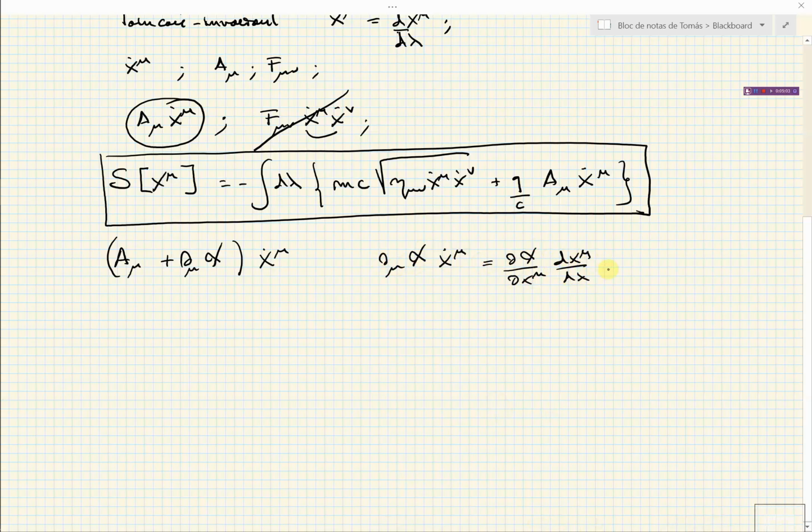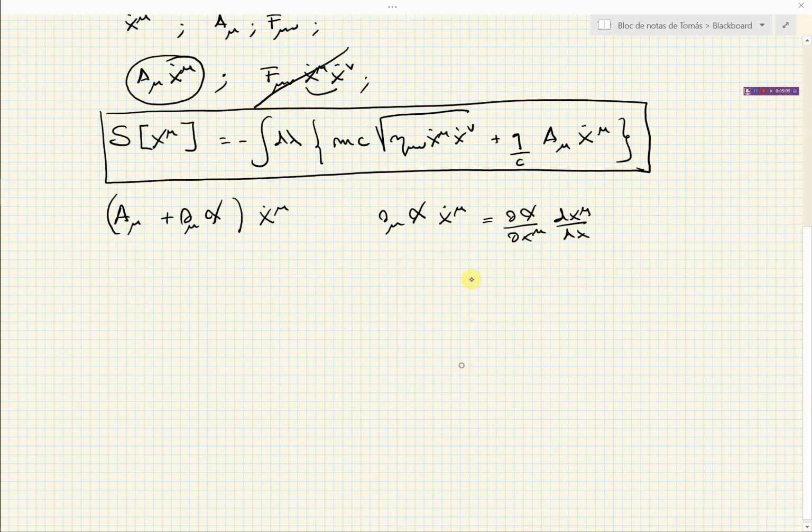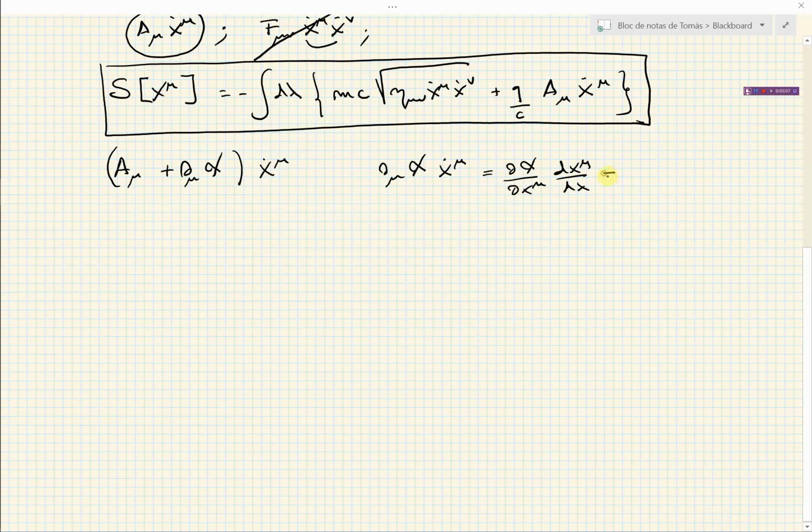So this is just d chi over d lambda, and it is a total derivative. This means that if I replace A mu by A mu plus d mu chi, the difference will be a total derivative in the Lagrangian, and we know that the equations of motion that we will get are the same.